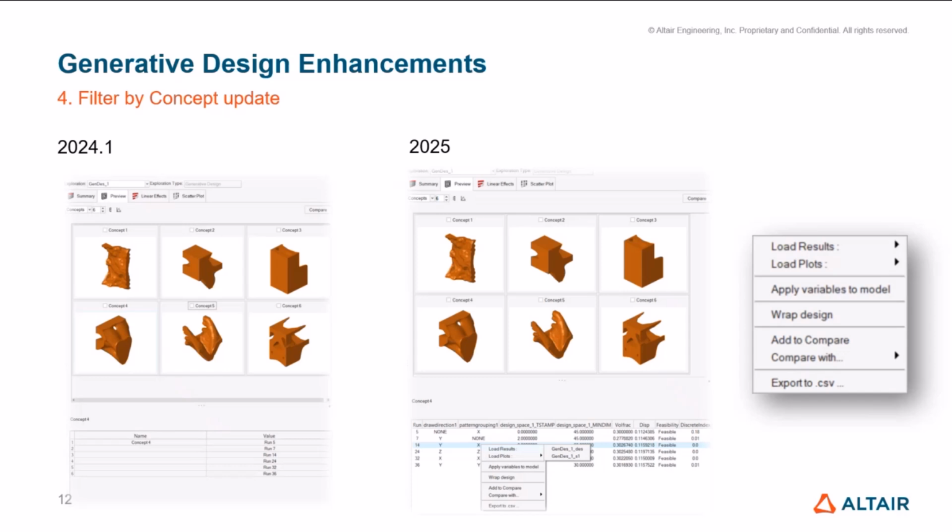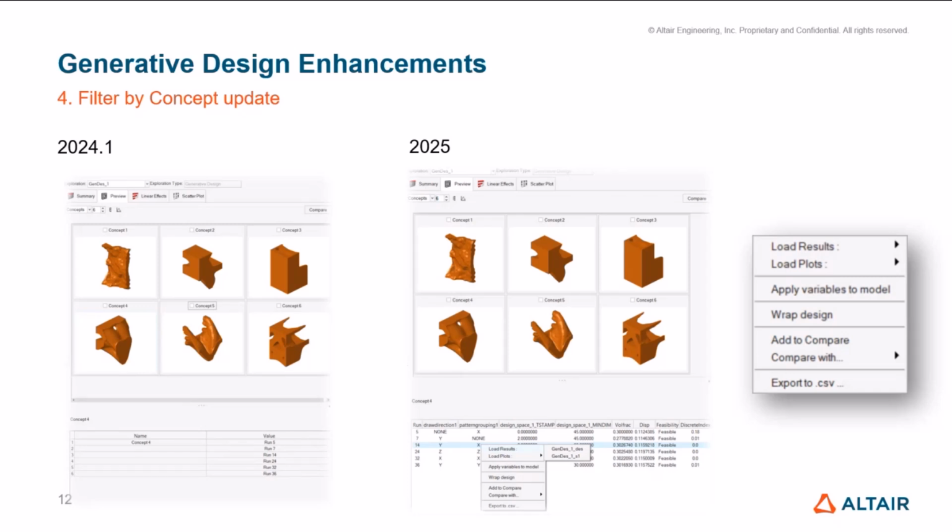On the lower left-hand side, if you were to group according to concept, and then you pick a particular concept family just by clicking on the graphical image of the concept family, you would get a list, as you can see in the lower left, of all the different runs that were grouped into that particular concept family.